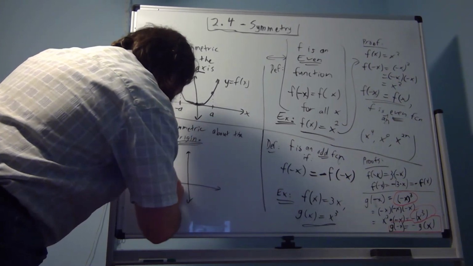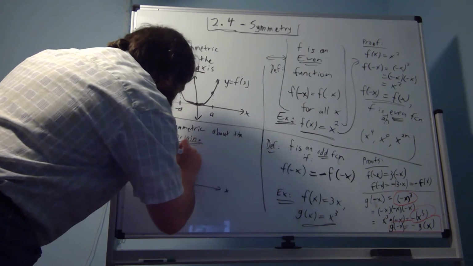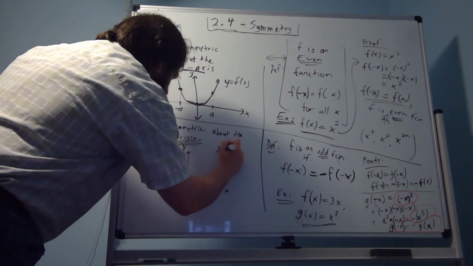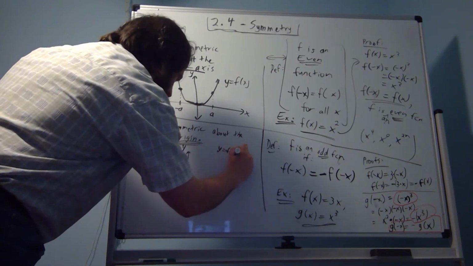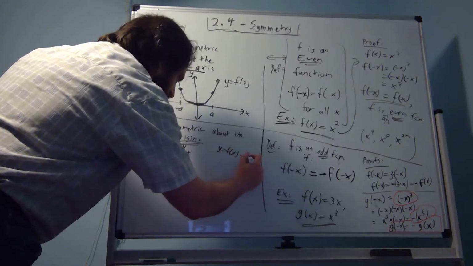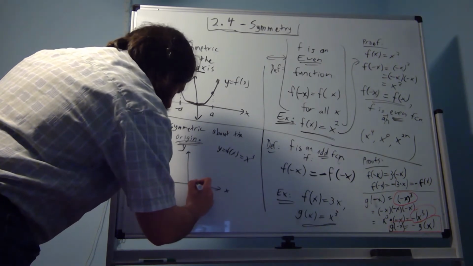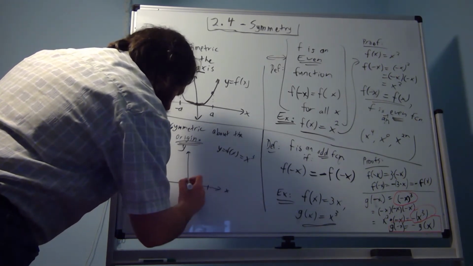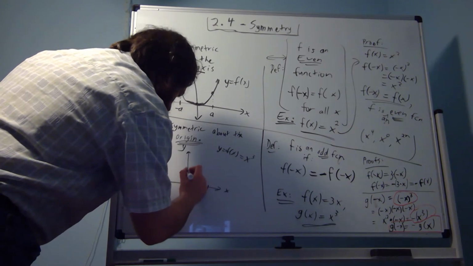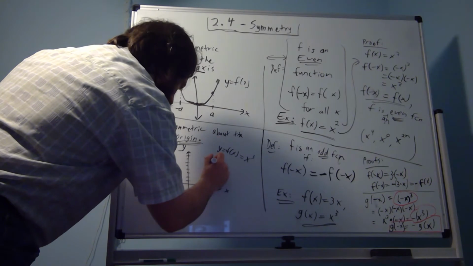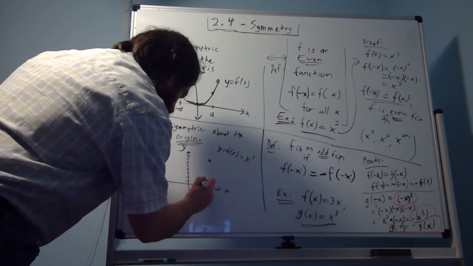So what do we have here? We've got x, y. Let y equals f of x, which is equal to, like that one over there, x cubed. So we have 1, 2, and then 1, 2, 3, 4, 5, 6, 7, 8. 2 cubed is 8, 1 cubed is 1.